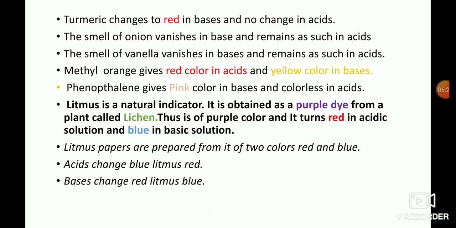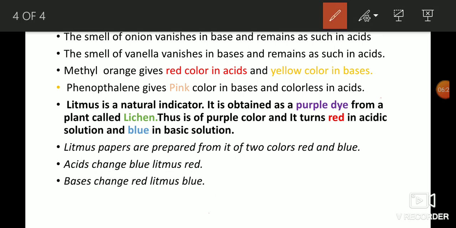Okay, students, same is the case with onion. If we take a peel or piece of onion, you know it has a pungent, characteristic smell, and when we drop this piece of onion in a base, its smell vanishes, its smell gets destroyed. And if we drop it in acid, the smell of onion remains as such, it does not vanish.